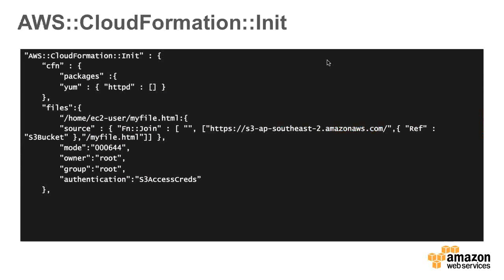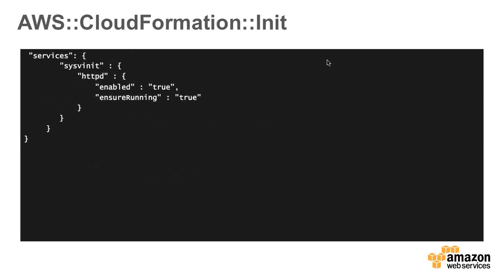CloudFormation Init is the process that we use to bootstrap our host. Here I have a really simple example of CloudFormation Init in a CloudFormation template that uses standard package managers like Yum to install services like Apache Web Server here, to lay down files on the file system and pull those from an S3 bucket that we own, set permissions on those, and even set up services to start at boot.